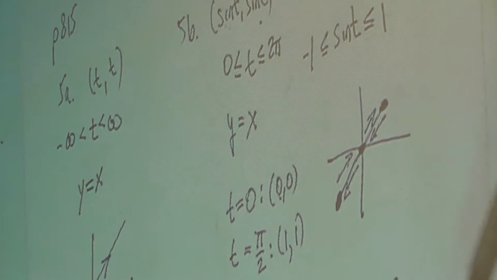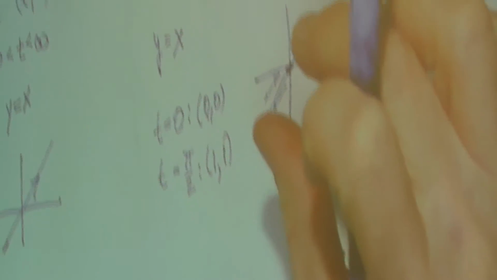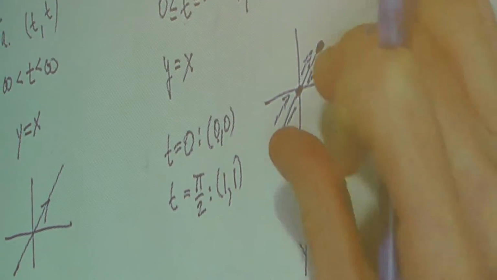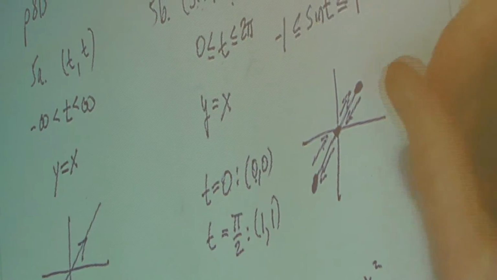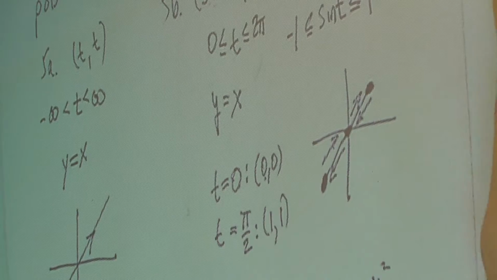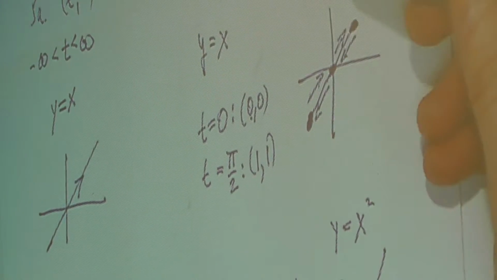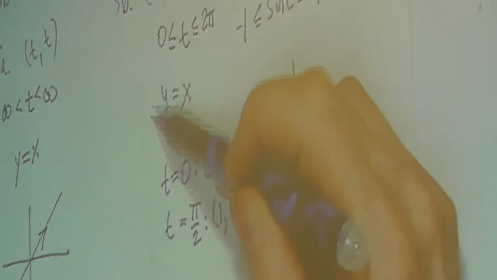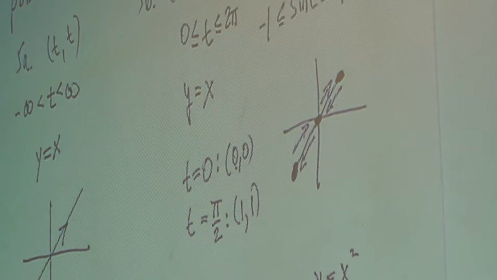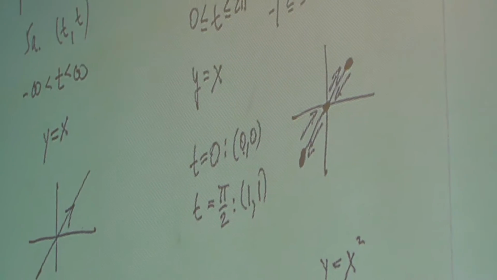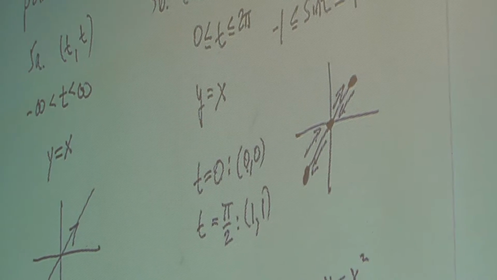I'm not only giving you the path that I'm walking, but I'm giving you what segment of the path and where I am at each individual time. So there is that distinction between parametric curves and somebody writing out the formula for the path that the curve is walking on.